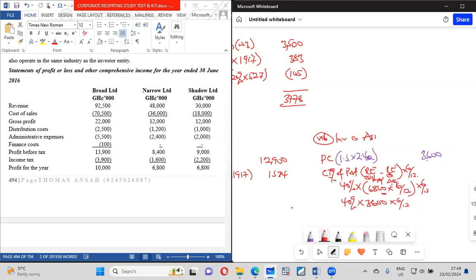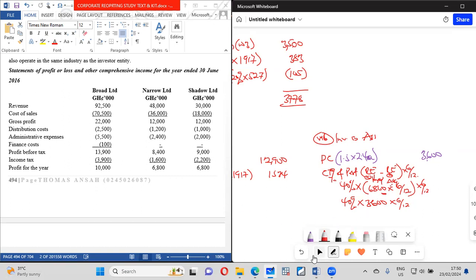So how much do I have in that? If I do this correctly, you have 6,800 for the full year, but the post-acquisition is half, 6 months. So that is actually 3,400.